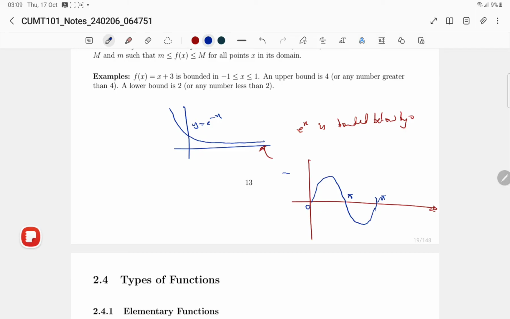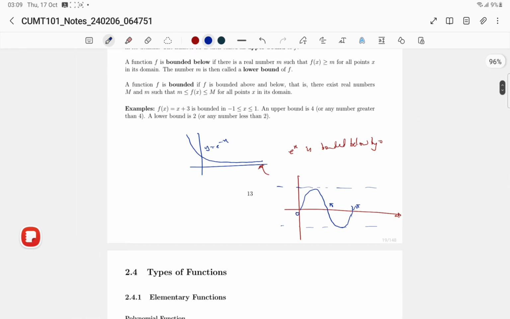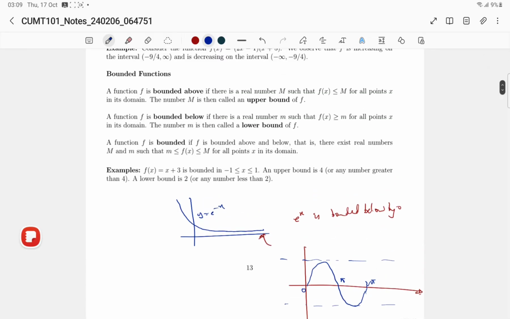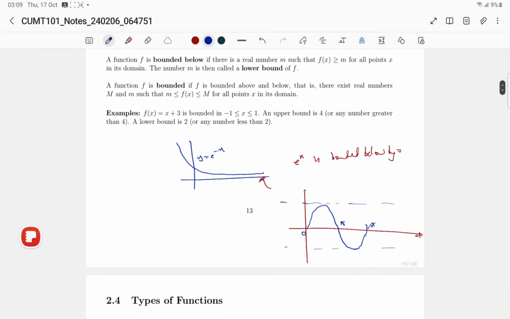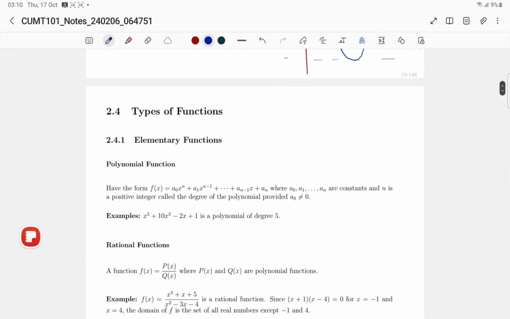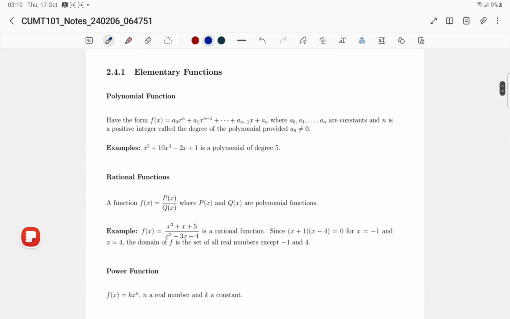You can actually see this function is bounded above and below. Those are the bounds for our function. So these are just simple definitions of functions, just to talk about the types of functions.